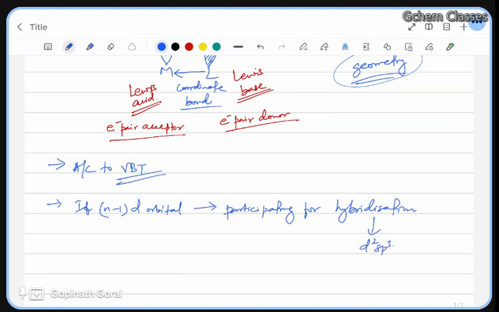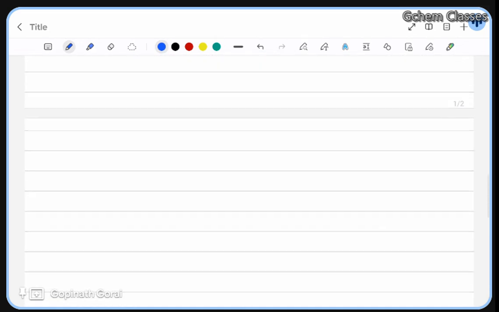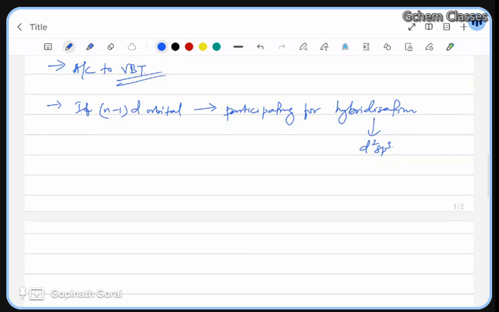I am talking about an octahedral complex. I'll discuss how it is d2sp3 and how it is sp3d2. If it is d2sp3, then we call it an inner orbital complex, right?